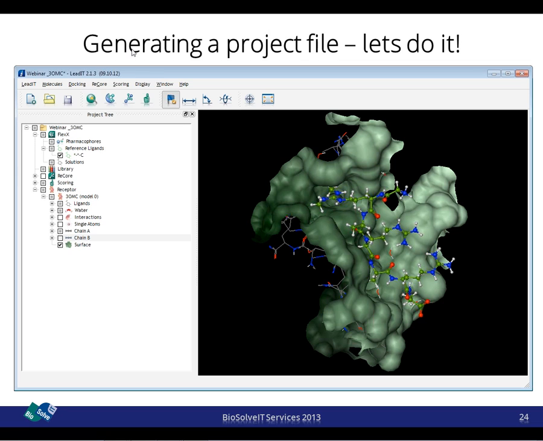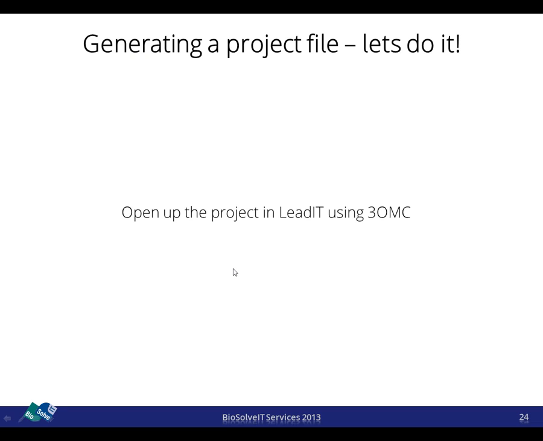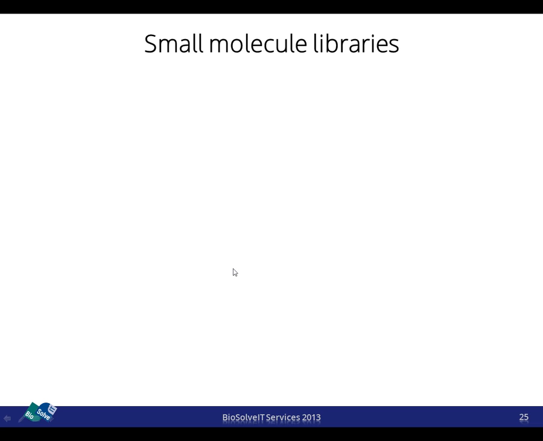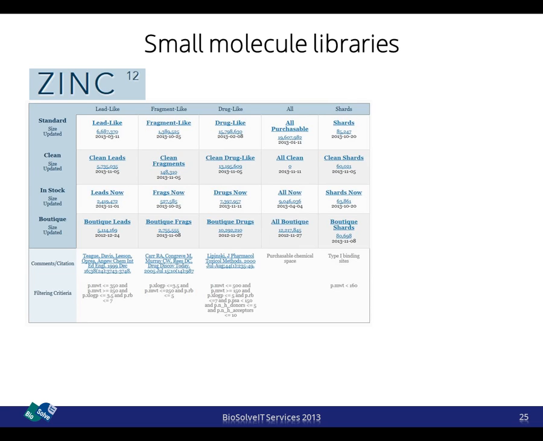So switching back to the main element of my presentation. The next step, so we've defined our binding site. Now all we need is some small molecule libraries to dock in there. One alternative is ZINC, which has a large number of collections, a variety of filtered ones.